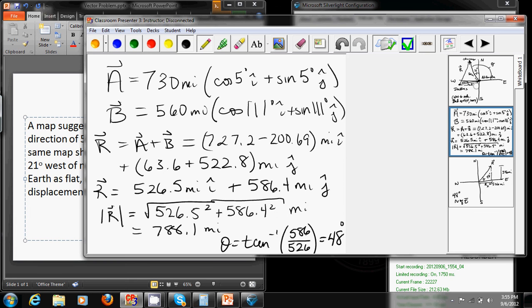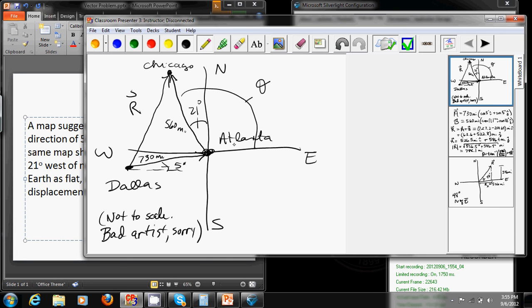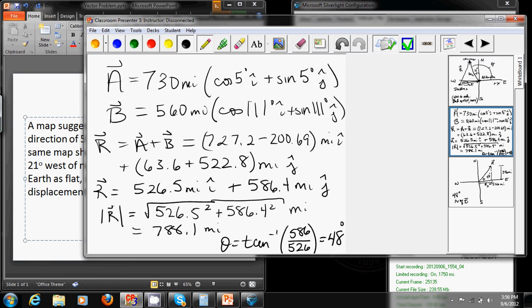Here, east is the plus x-axis, and I'm swinging counterclockwise, so 5 degrees is the correct angle to plug into this formula. So that's cosine 5 degrees i hat plus sine 5 degrees j hat times 730 miles for vector A.